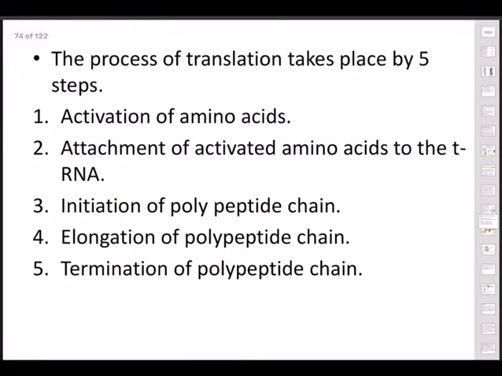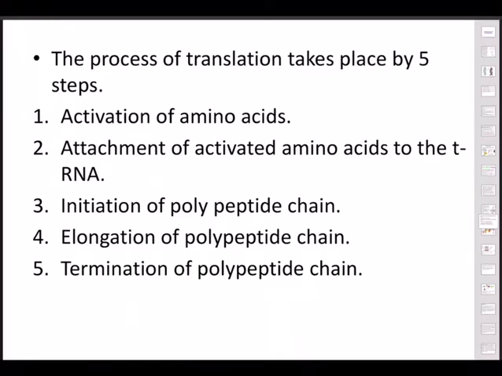The process of translation takes place in 5 steps. It requires the 9 substances we listed. Now in 5 steps this translation takes place. First one, activation of amino acids. Second, attachment of activated amino acids to the tRNA. Remember, there is one arm on the top, the amino acid attachment arm we said.